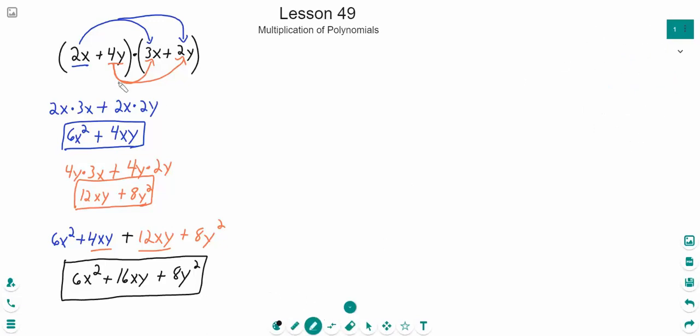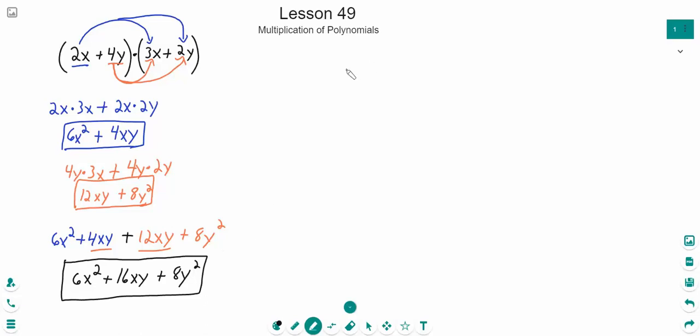So this way should make sense to you. The process should be clear. Now I'm going to show you a way to do it where the process isn't so clear. You'll just have to take a little bit on faith. But it's a faster avenue to get to the solution. And later on, it'll actually help you solve these problems, and I should say simplify these problems, a little faster.